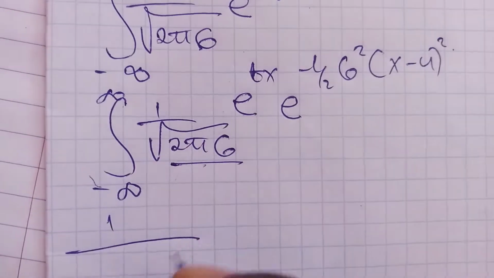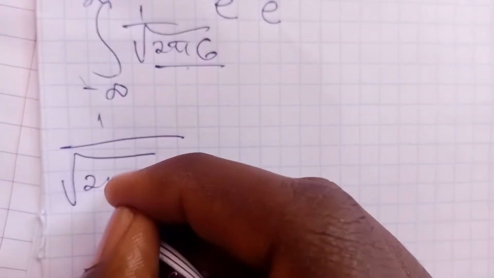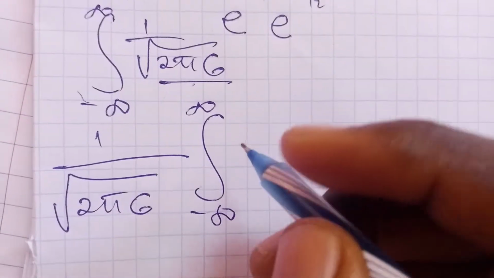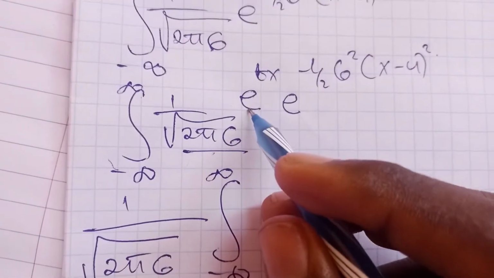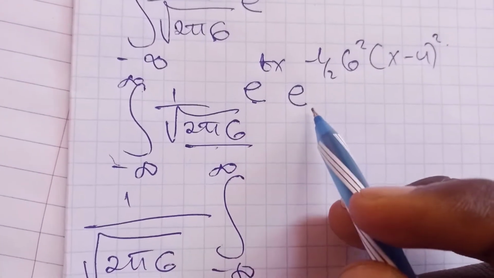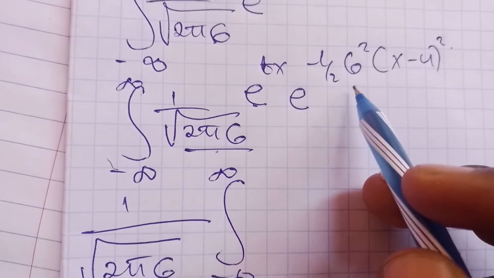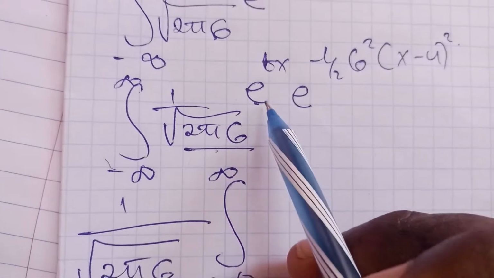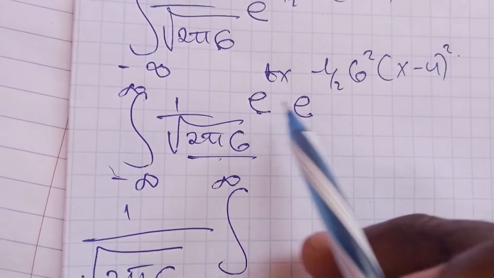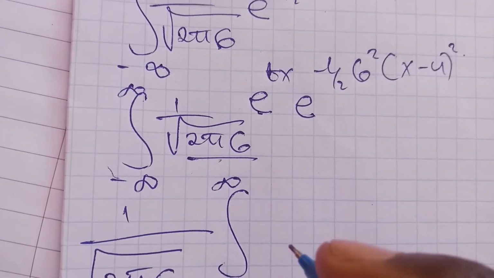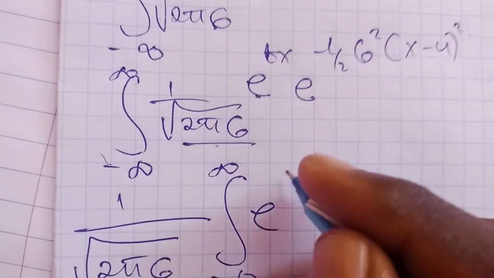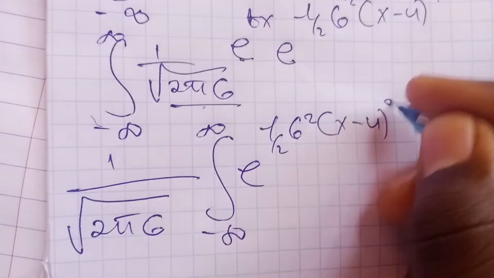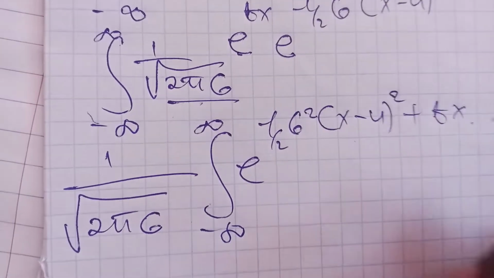Then we'll be left with the integral of e^(tx) and e^(negative half sigma squared (x minus u) squared). The bases here are equal, so you can add the powers. So we'll be left with negative half sigma squared (x minus u) squared plus tx.